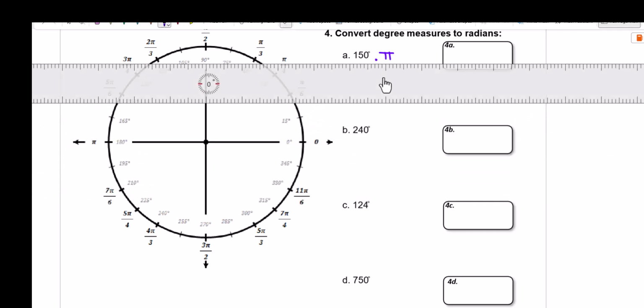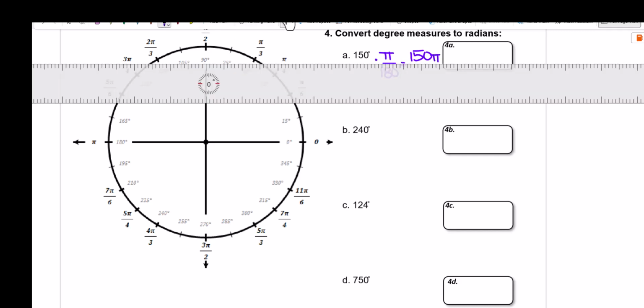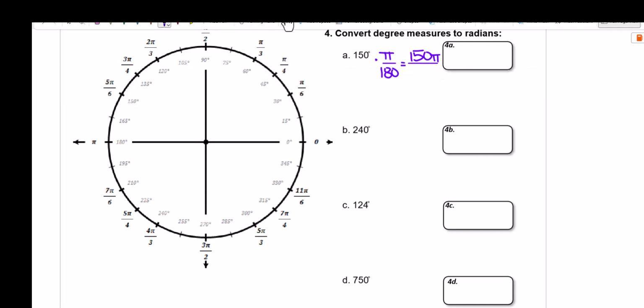So here I'm going to say this is pi over 180. So this is going to give me 150 pi, and that's going to be over 180. Now all I'm going to do is simplify this. Well, the zeros can go away, and I have 15 over 18.